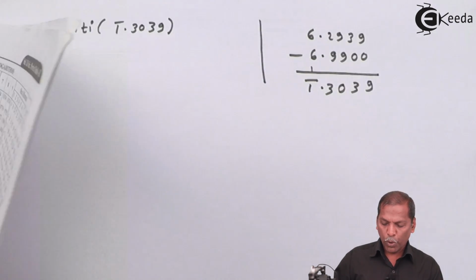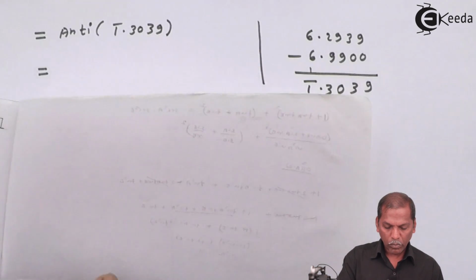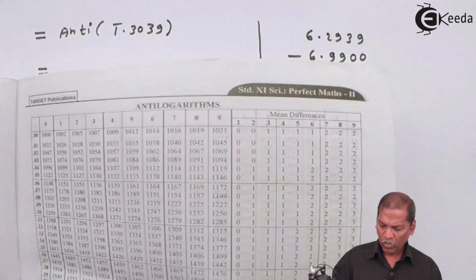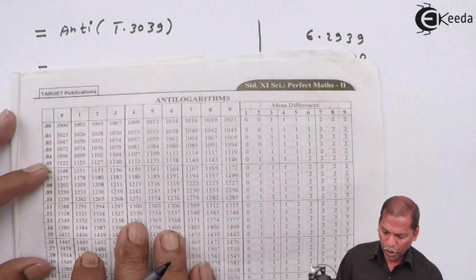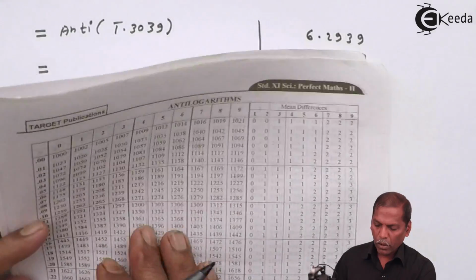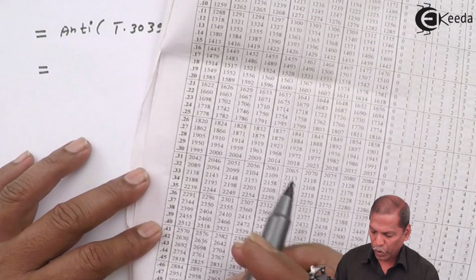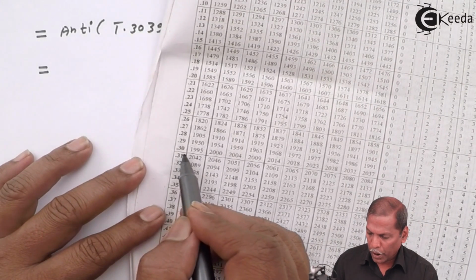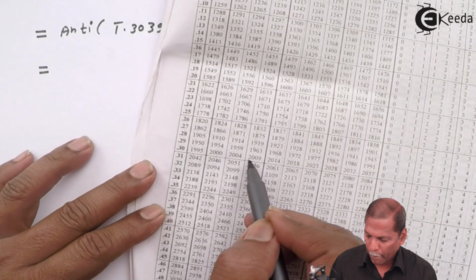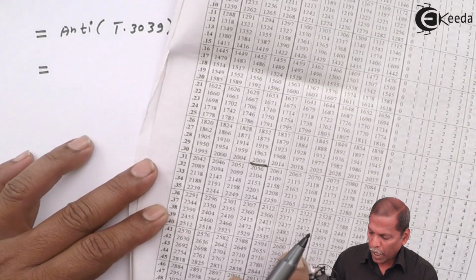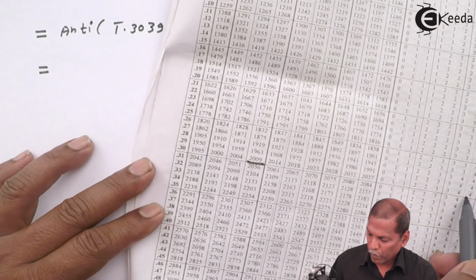Now we have to use the antilog table. Here we see 13 under 3 and mean difference 9. 30 under 3 gives 2009 and mean difference 9 gives 4.